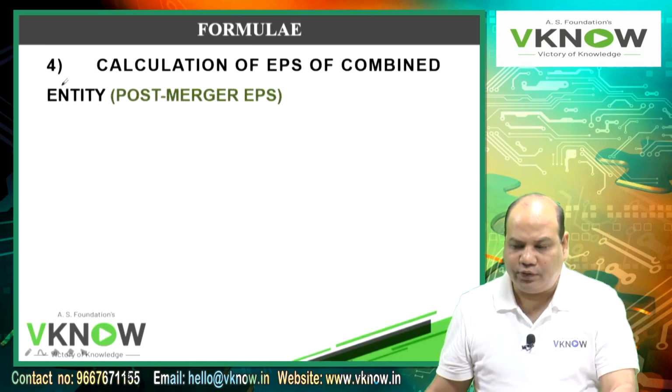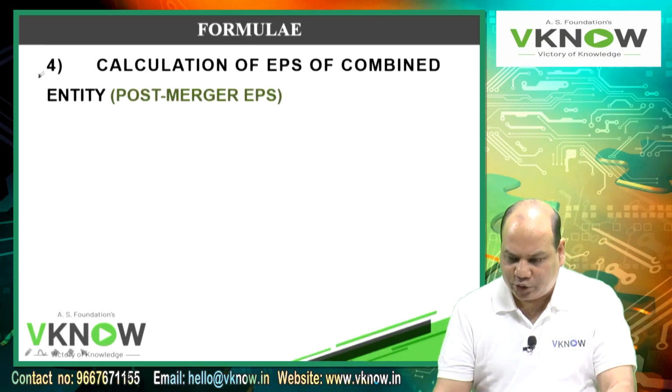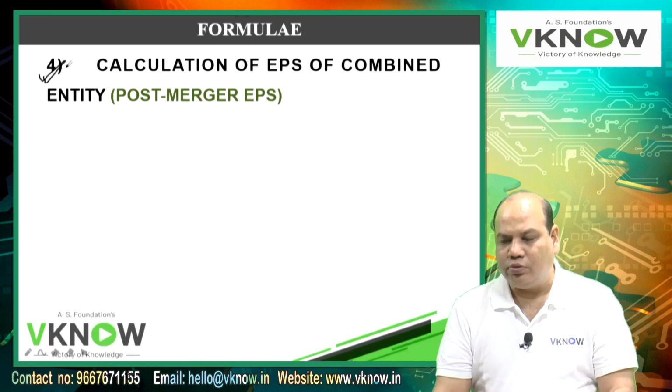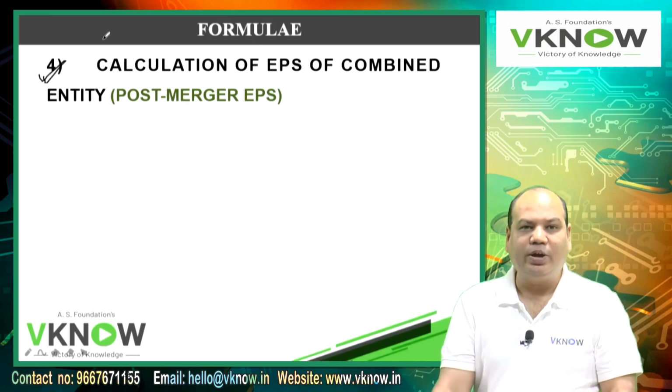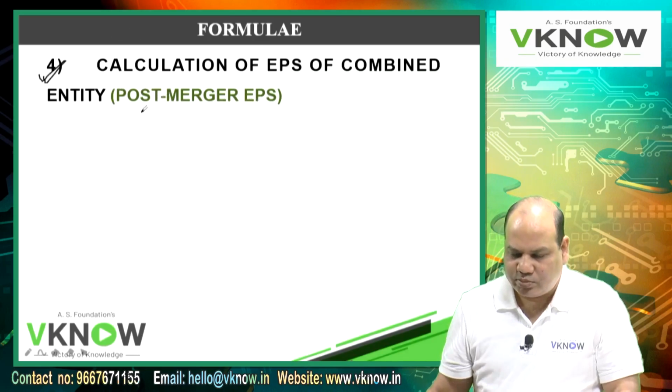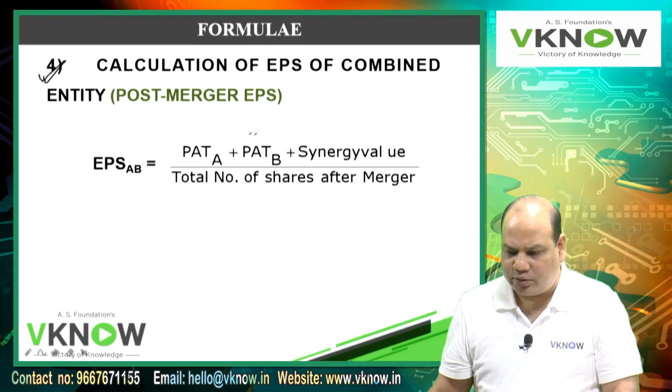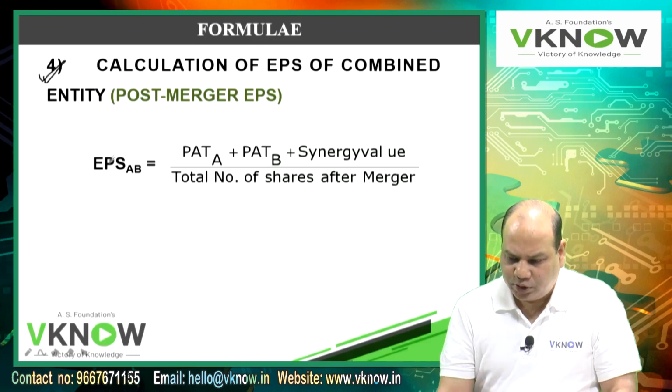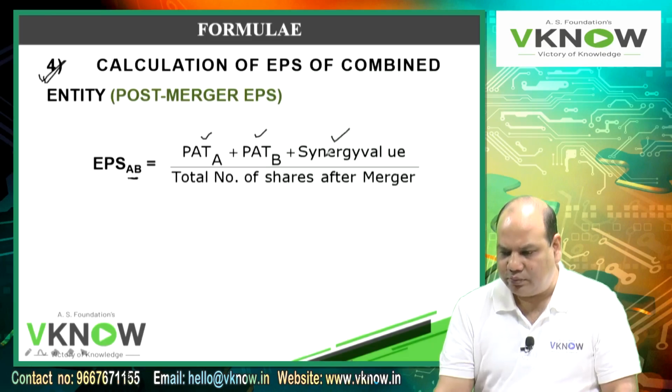Now the fourth very important formula, tick mark, is the calculation of EPS of the combined entity, which we will call post merger EPS. Post merger EPS formula will be EPS of combined company A and B equal to PAT of A plus PAT of B plus synergy value if any.